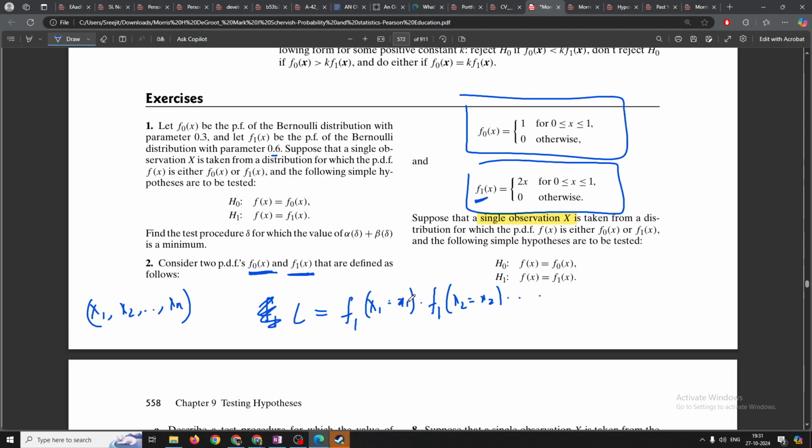Here we would have gotten 2x1 times 2x2 times 2xn. It would have given us 2 to the power n. We multiply this entire thing.